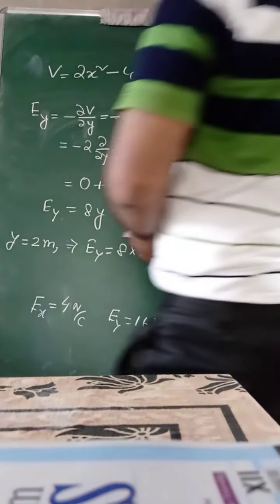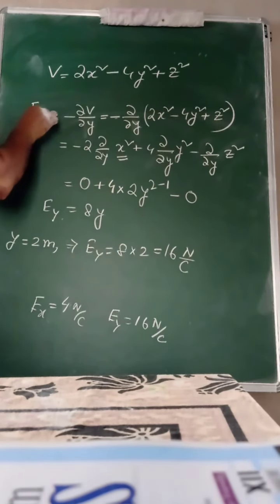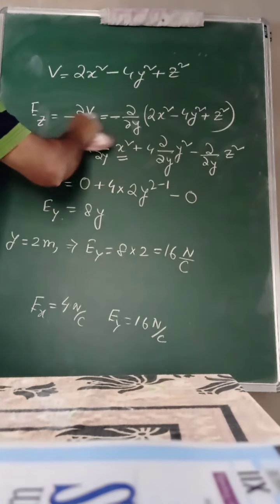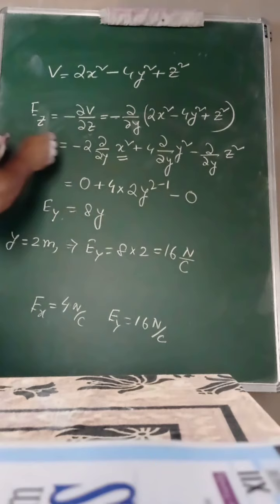Now we have to calculate the z component. So in order to calculate the z component of the electric field, we have to differentiate the potential function with respect to z.